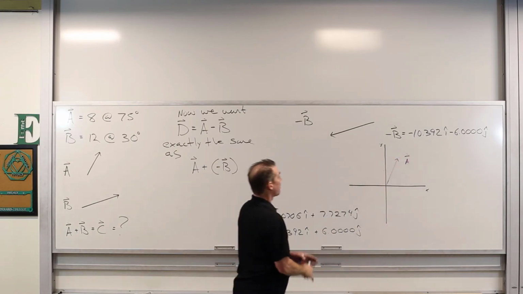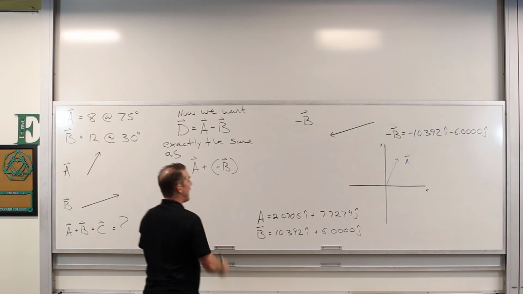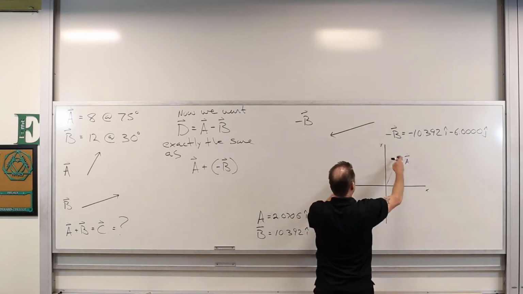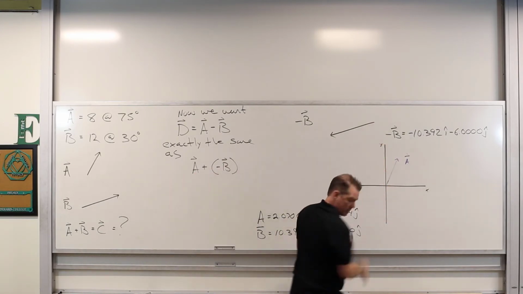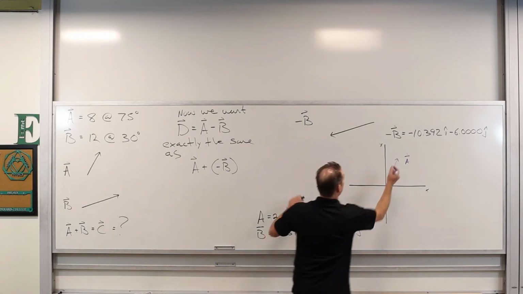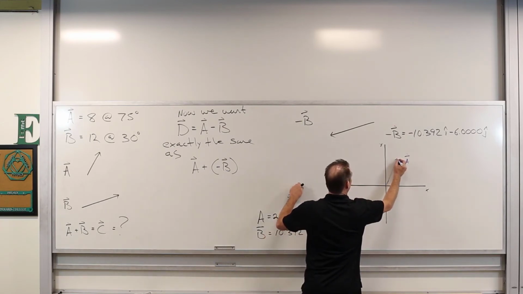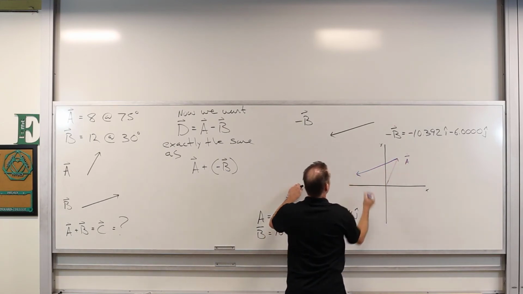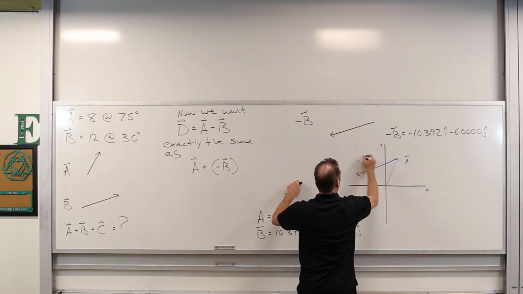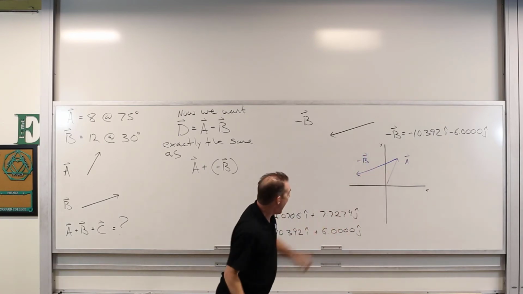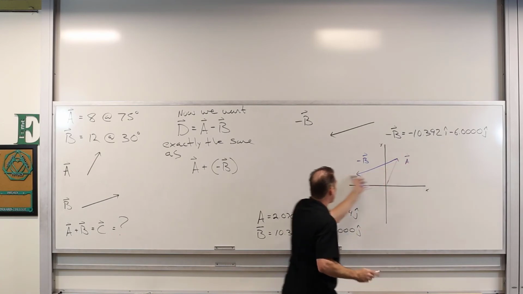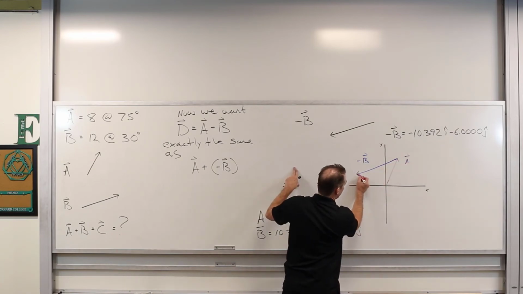And then we're going to add ourselves on negative b hat, this vector here. So we're going to take this and stick it over here. That's going to look something like this. Negative b hat. A hat plus negative b hat gives us this vector.